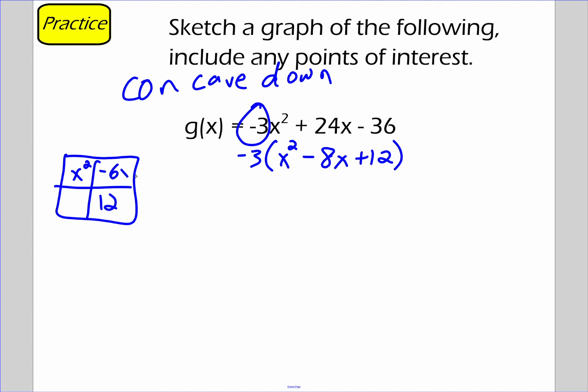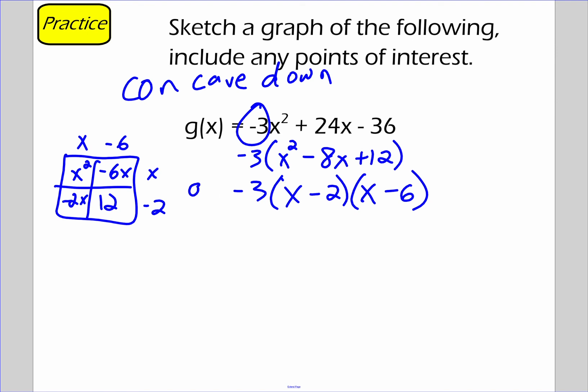So it's going to be -6 and -2. So we have x here and x here, -6, -2. Our function is going to factor as -3 times x minus 2 times x minus 6.